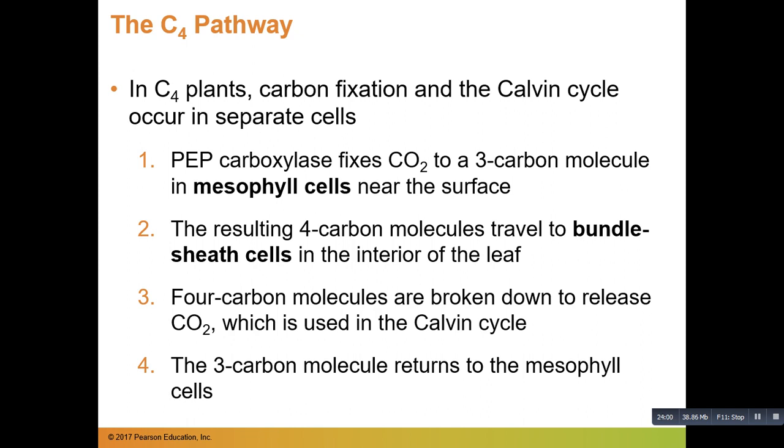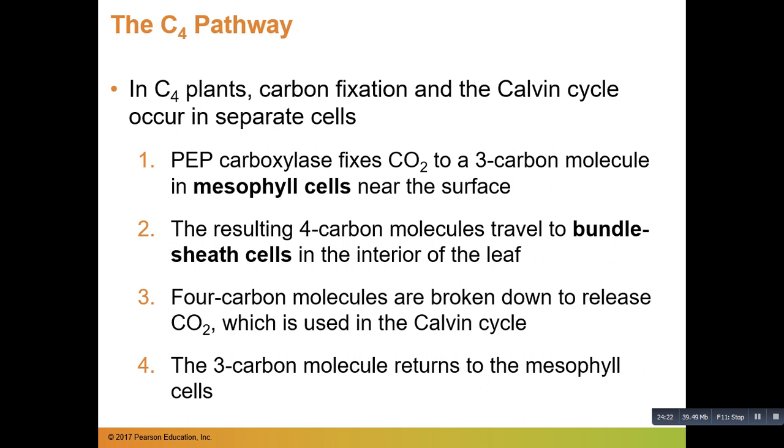In this separate area, those 4-carbon molecules are then broken down to release the carbon dioxide again, which is then used in the Calvin cycle. So this prevents the issue of having too much oxygen around, which would result in photorespiration.